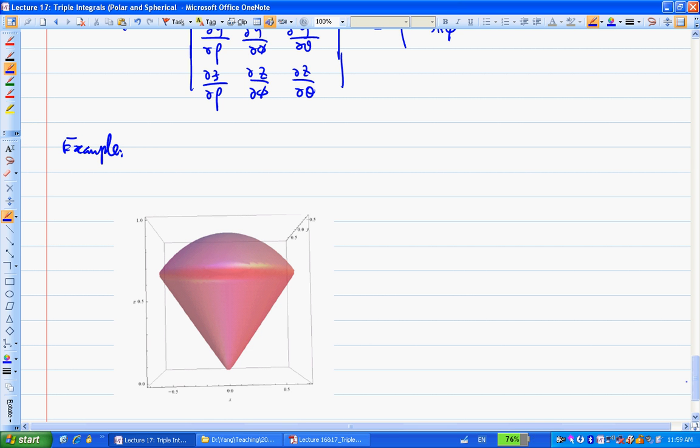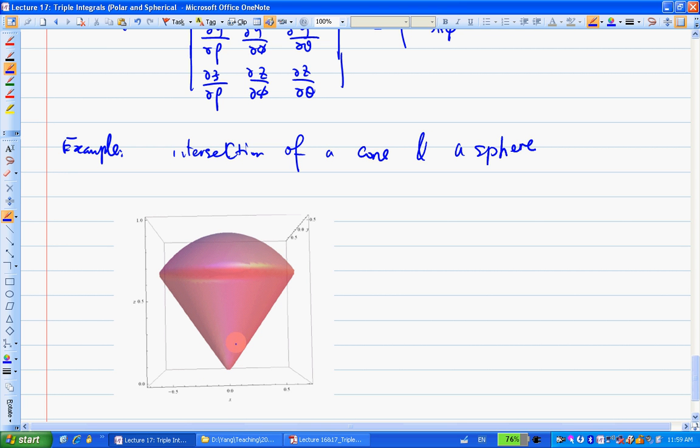What's this shape here? Basically, it's the intersection of a cone and a sphere.